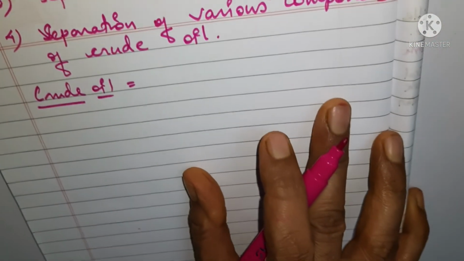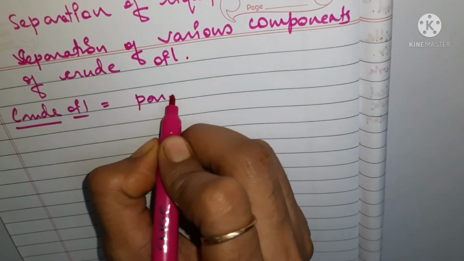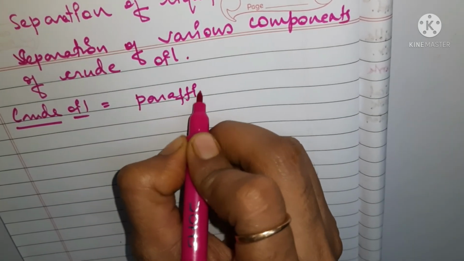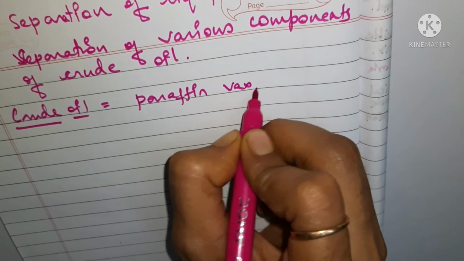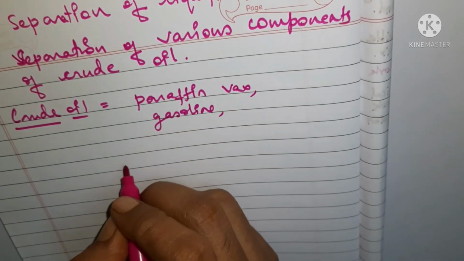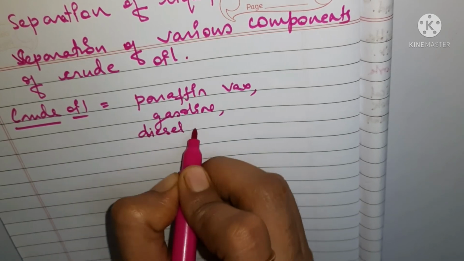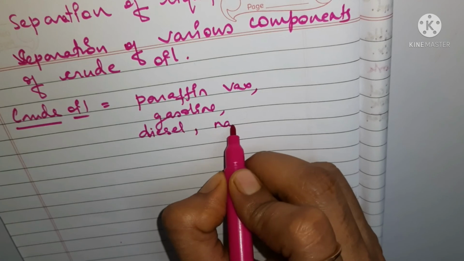It normally contains substances like paraffin wax, gasoline, and even diesel, right? And naphtha is there.